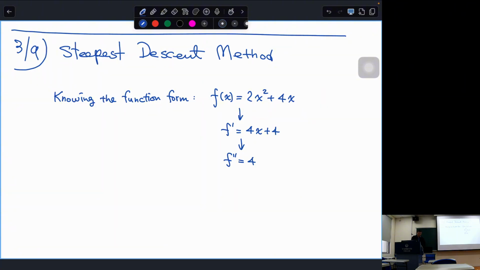But in reality, sometimes you don't know the function form. Let's say you are having a car design and you are trying to figure out what's the performance of the speed with respect to some design parameter, for example, the size of your bolt. Or they're somehow indirectly related.